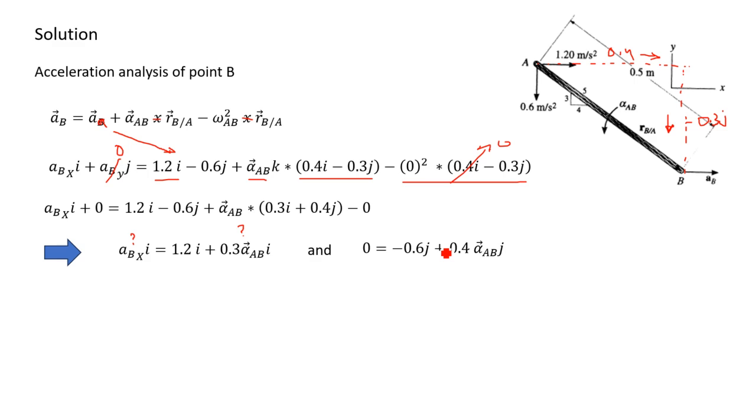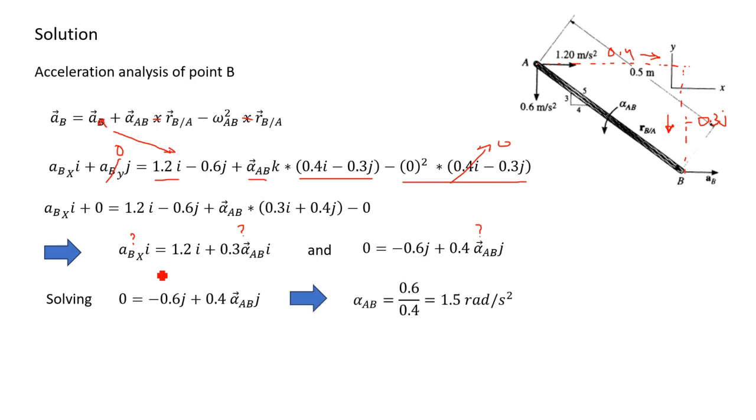For the second equation for the J, just the alpha is unknown, so I can solve for this equation, and I will get the value for the alpha AB, and I will substitute it in the first one, and I will get the value for the ABX. So that's the first one, and this will tell me that the alpha AB is going to be equal to 0.6 divided by 0.4, and this will make it 1.5 radian per second square.